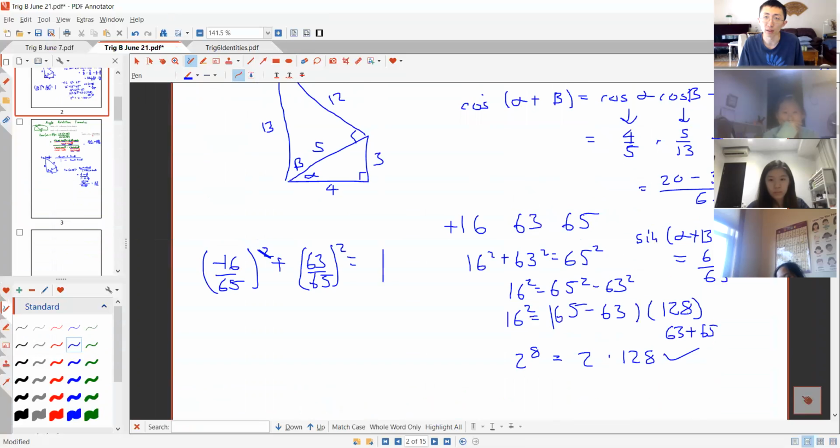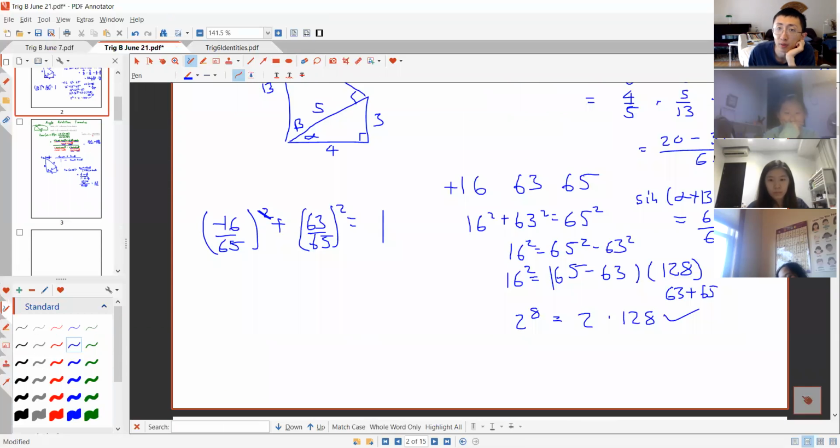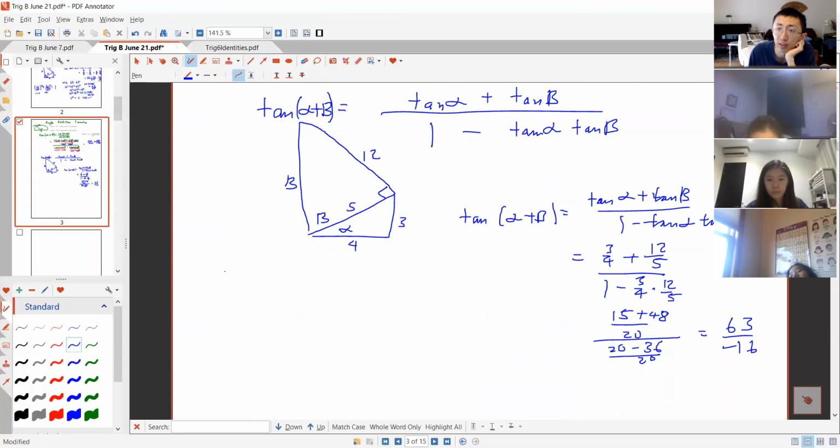Earlier we found that, where was it? The cosine was negative 16 over 65, and sine was 63 over 65. So if I divide the sine by the cosine, I'll get 63 over negative 16.